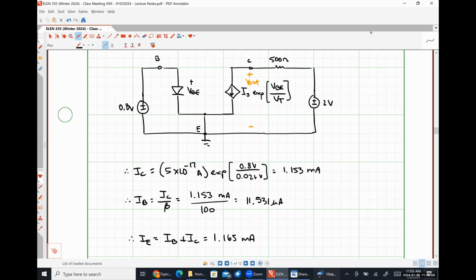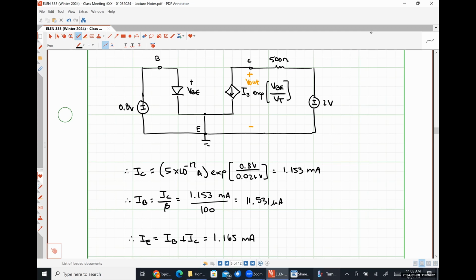For saturation mode of operation, our base emitter junction remains forward biased, but now our base collector junction must also be forward biased. So the transition state between forward active mode of operation and the saturation mode of operation is effectively the transition from the base collector junction going from reverse bias to forward bias.